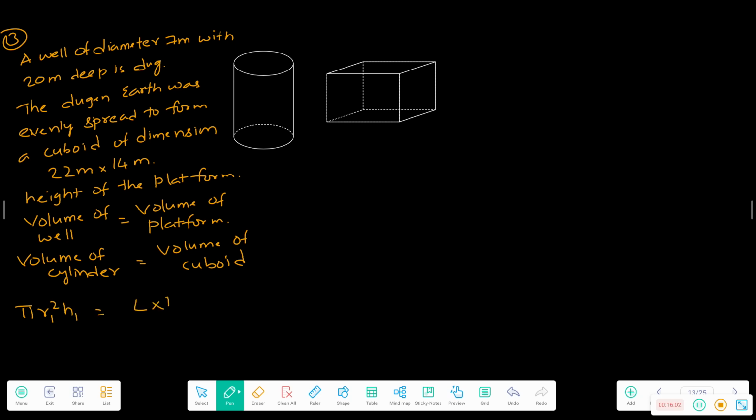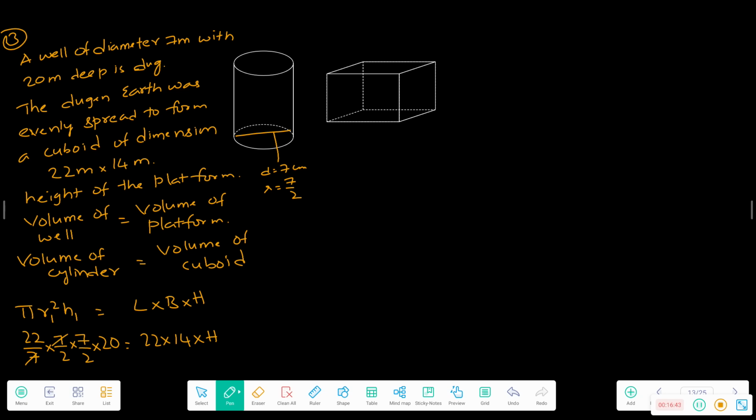It is equal to volume of cuboid, L into B into H. So pi value is 22/7, and diameter they have given. Diameter is equal to 7 meter, so R is equal to 7/2. So it is 7/2 into 7/2, and depth is given as 20 meter. It is equal to L value 22 into 14. We need to find the value of H.